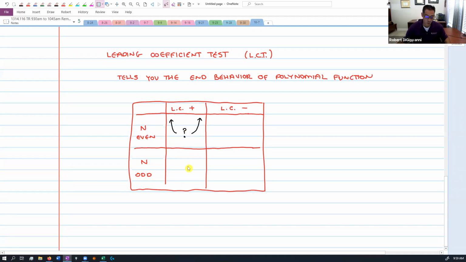So what this means is that if you have an even degree, your highest power of X is even, and your leading coefficient is positive, then you will be looking into this box, and that means both sides go up. Does that make sense the way that table works?